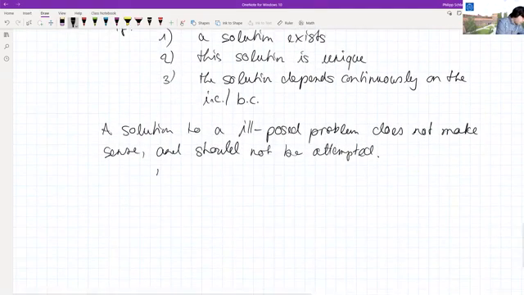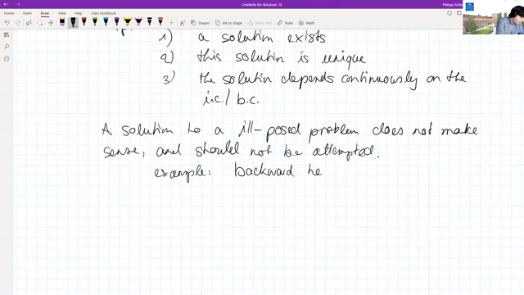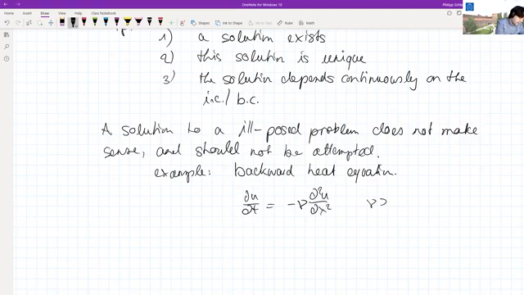One simple example of a problem that is not well posed is the following, which we call the backward heat equation, kind of the classical example here. That would look like this: du/dt is the same as minus nu times d squared u/dx squared. And this is ill-posed if this nu parameter is larger than 0. For those that have seen this type of problems before, I can say a few words. For the others, very soon we will discuss the heat equation in more detail.